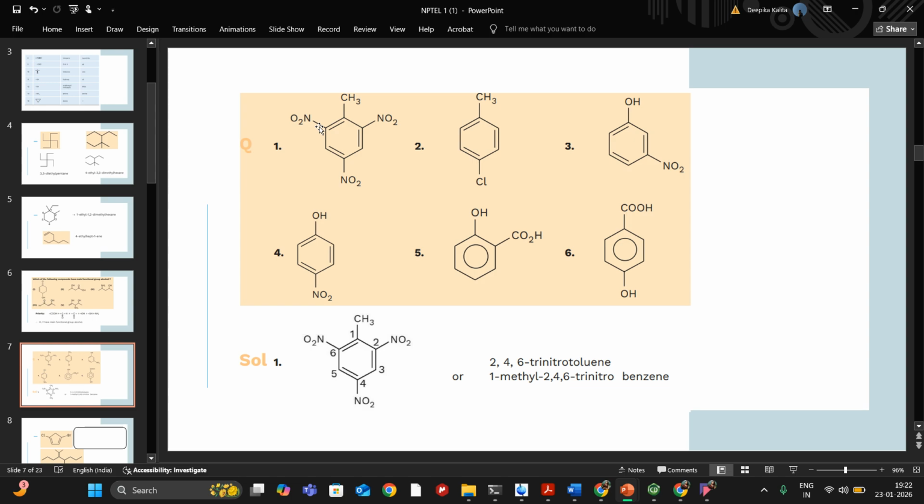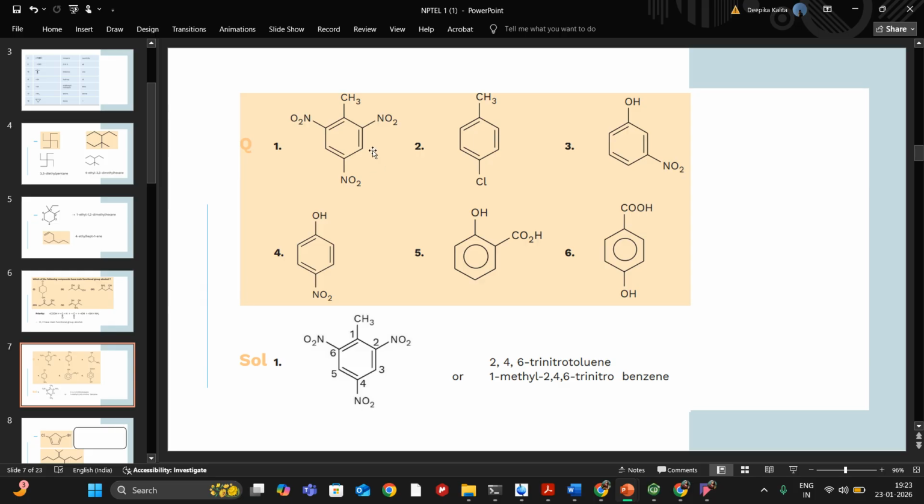Or if you want to call it with the help of common nomenclature, as we know that a benzene ring having a methyl substituent on it is commonly called toluene, you can use that common name also in naming this first compound.